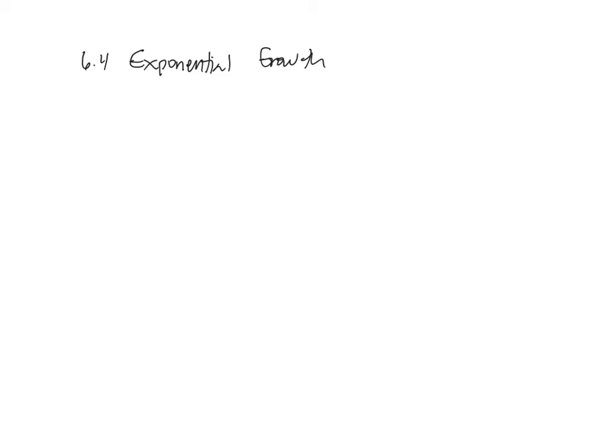So exponential growth would go up quickly or decay would go down quickly. We're just going to talk about the structure of the problems for today, just to get an idea of how they look and what the parts of the problem mean.